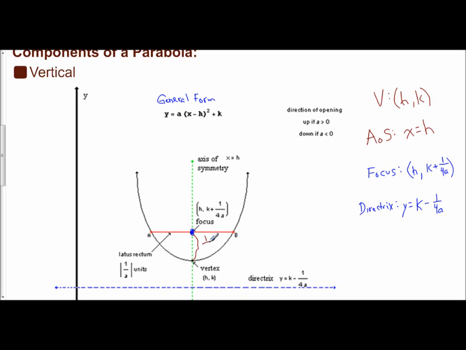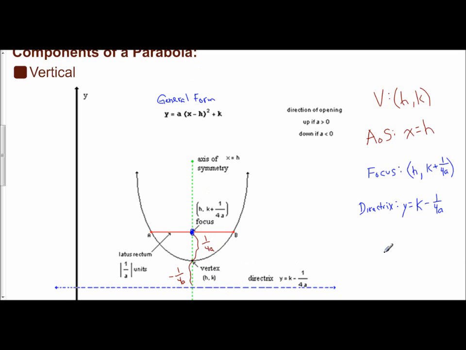So the distance from the vertex to the focus is 1 over 4a. The distance from the vertex to the directrix, here, you're taking your k value and you're subtracting 1 over 4a. So it's the same distance, 1 over 4a. I'd like to put a negative to show it's going the opposite direction. And so that is a property of the focus and the directrix, that they are 1 over 4a units away from your vertex.